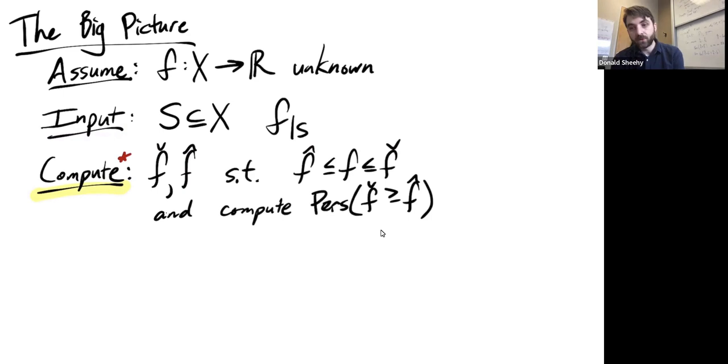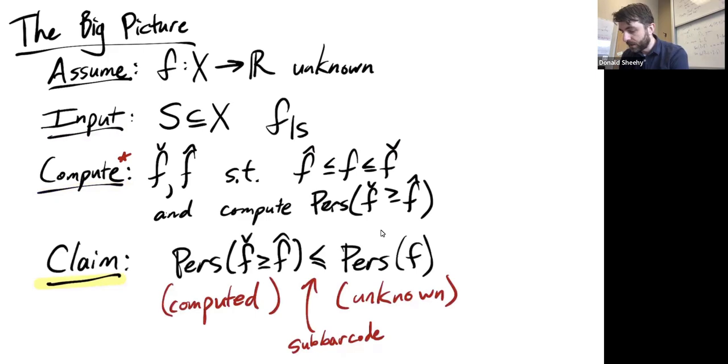If I can compute the persistence of the sublevels of the max extension into the sublevels of the min extension, that will give me a sub-barcode of F. On the left here, I've got the thing that I actually computed based on the finite data, and it's guaranteed to have this relationship to the unknown.